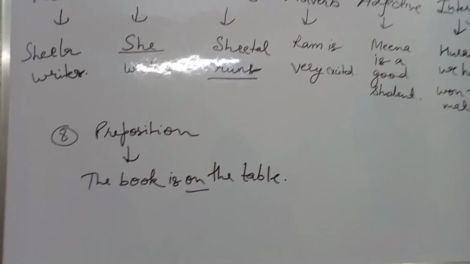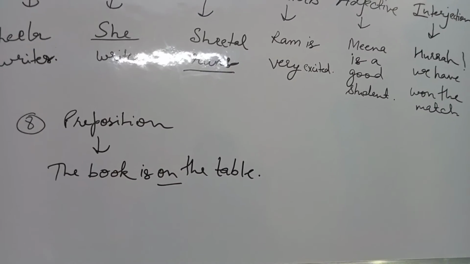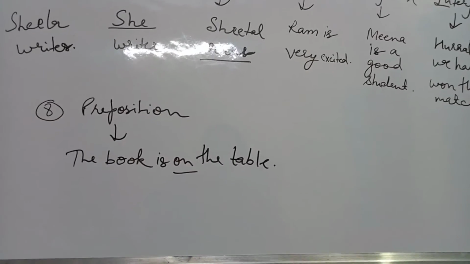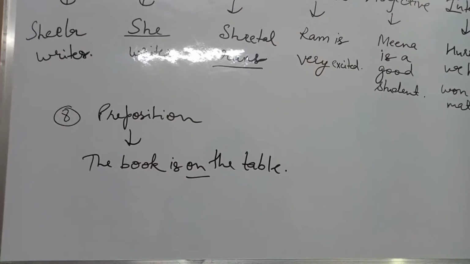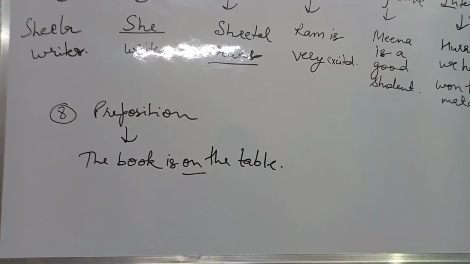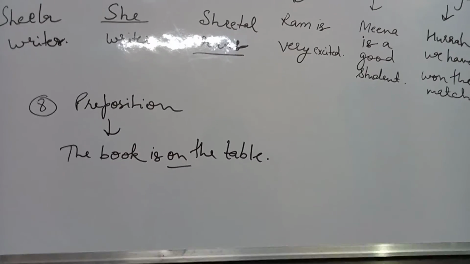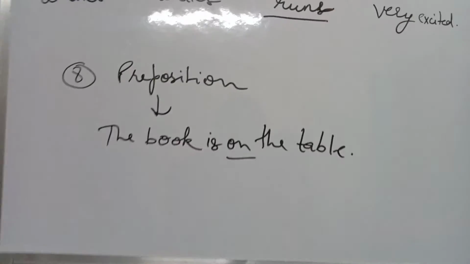The boys are standing behind the tree. So what is this? Preposition. Behind, on, under, above. My bag is kept above her bed. So different kinds of prepositions are being used.